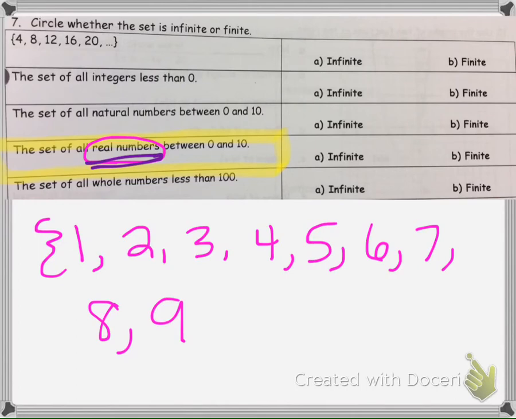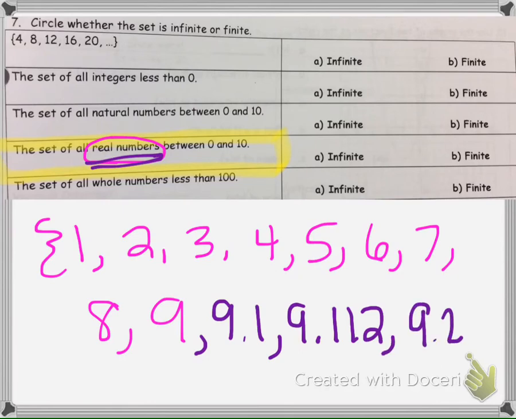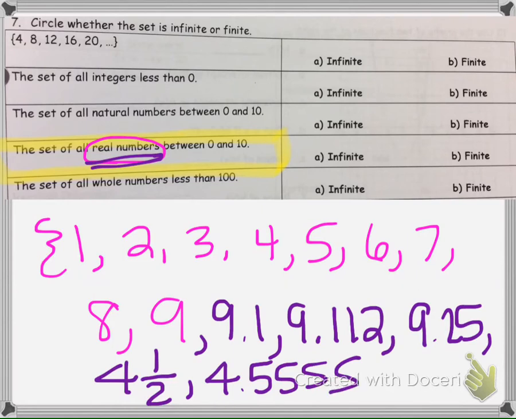So in other words, we could have 9.1, we could have 9.112, we could have 9.25, we could have 4.5, we could have 4.5555.